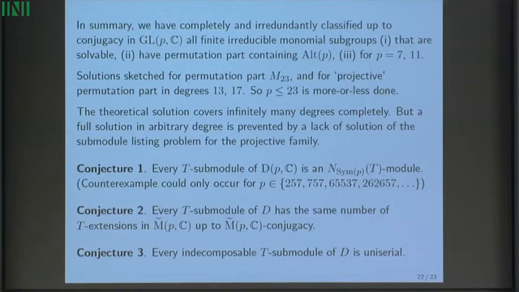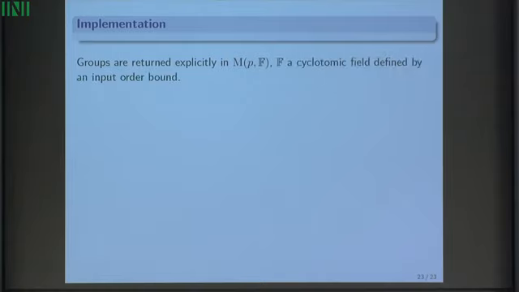So, just a few concluding comments on the implementation. Not that much to say here, really, but we return the groups as generating sets of matrices, and the field that we return them over is essentially determined by the user, specifying an order bound on the groups that you want.